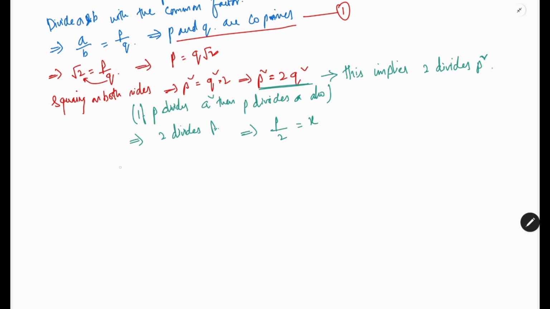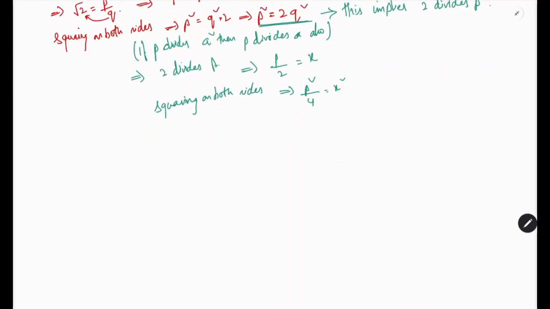Now squaring again on both sides, P square by 4 is equal to x square. This implies 4x square equal to P square.